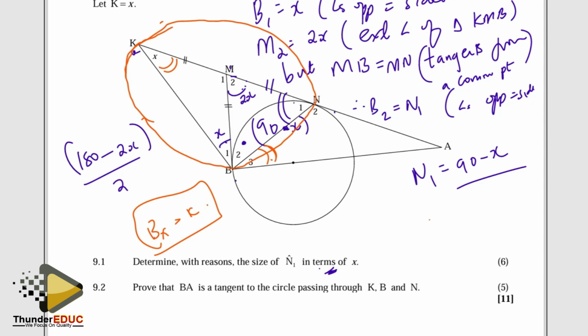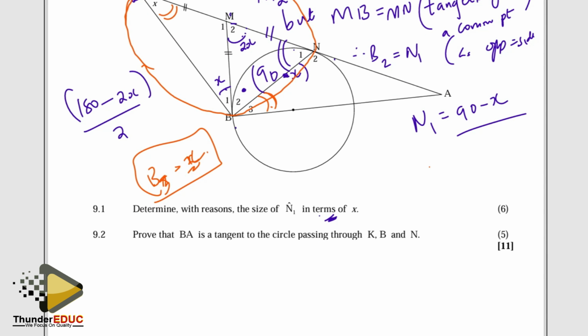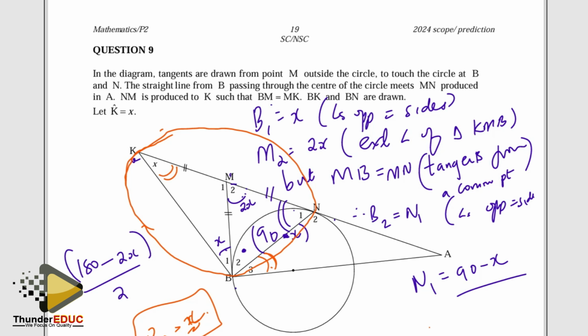Okay, that is one. Yeah, I think that is it. Let's prove that B3 is x. So what I'm going to do in this case, the tan chord is only going to work in the proof. I need to find what my B3 is.